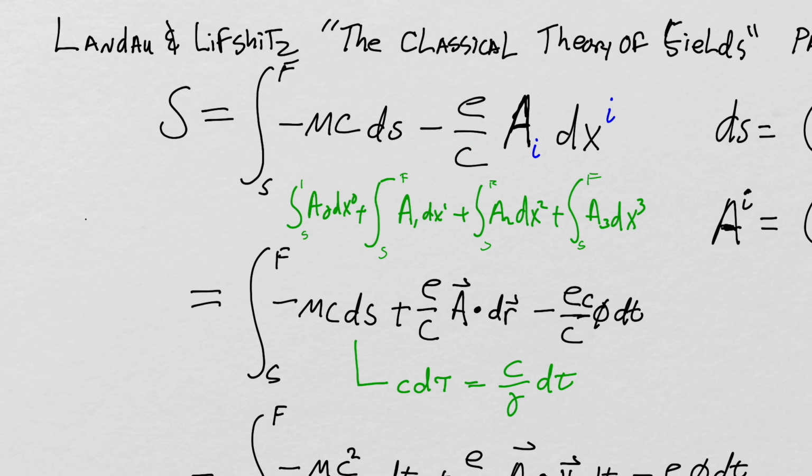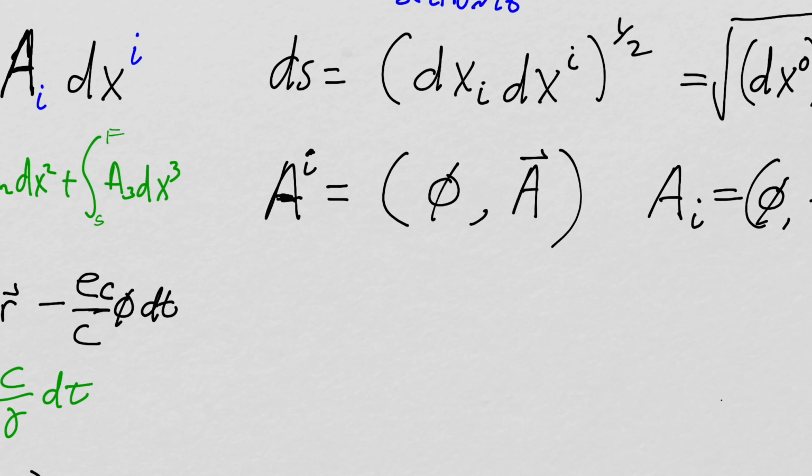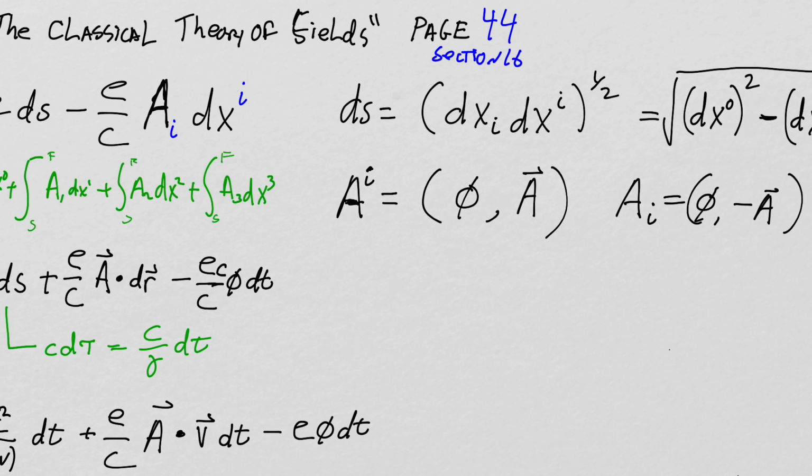So what do we put in for A? Well, A is a 4-vector, right? So this is now the contravariant form of the 4-vector. It has a time component and a space component. So we're just going to write out the time component as phi and the space component as a vector. Now notice this is still a vector field, right?